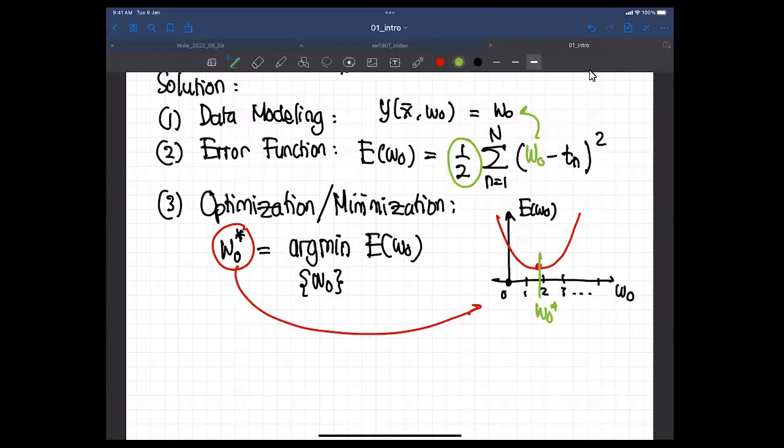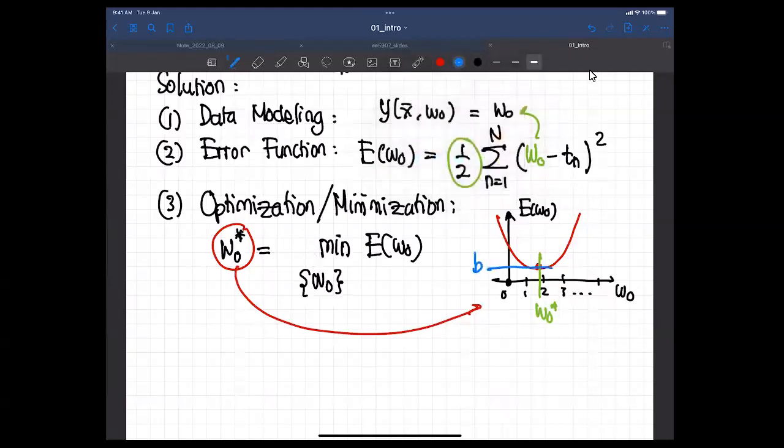If I don't use argument mean, but I just use mean, for example, what happens then? If I just use mean, it will be pointing to this part here.